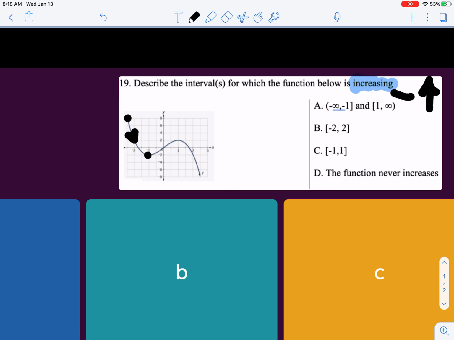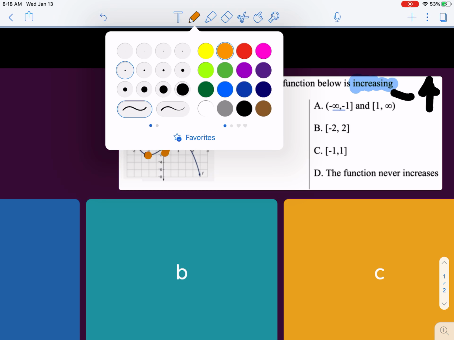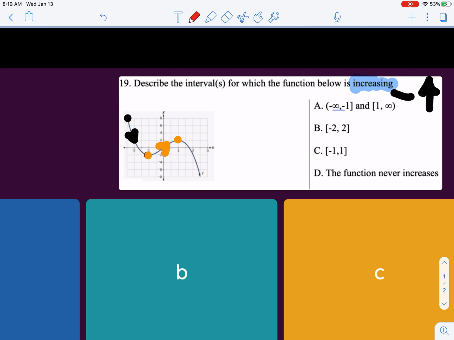And then from here to here, the function is going up. And then from here to here, the function is going down.